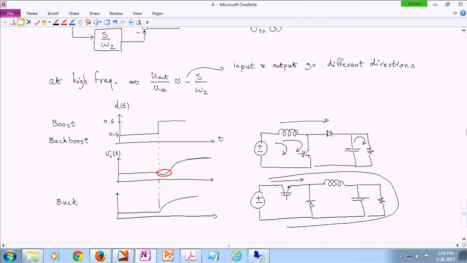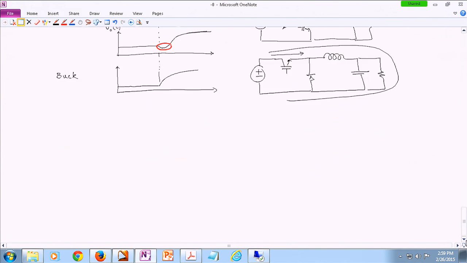Now let's go back to those transfer functions that we were developing for controlling a power electronic converter. Generally speaking, you have a converter, and a control, or let's call it a feedback loop.